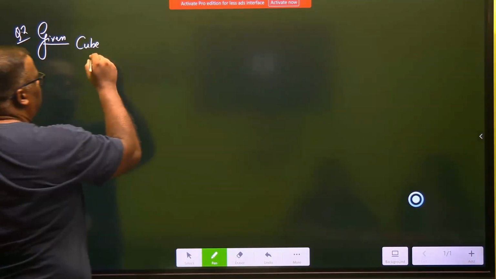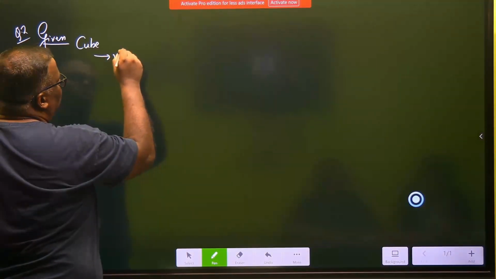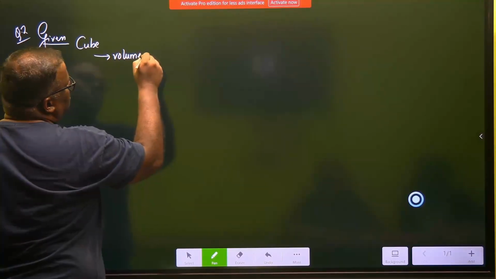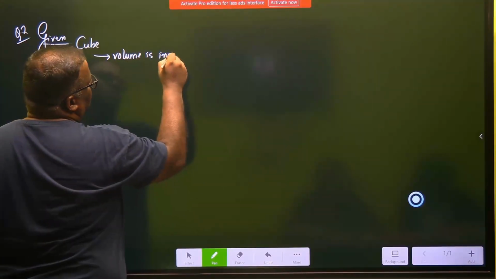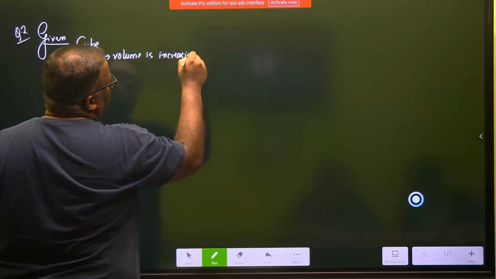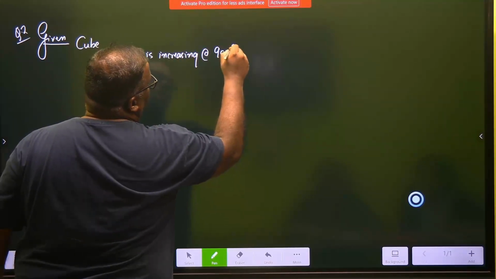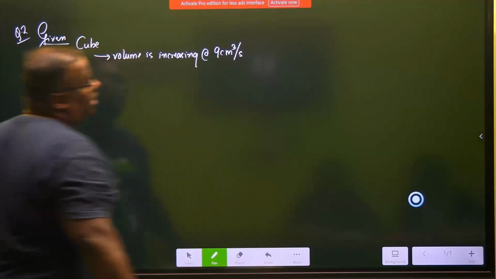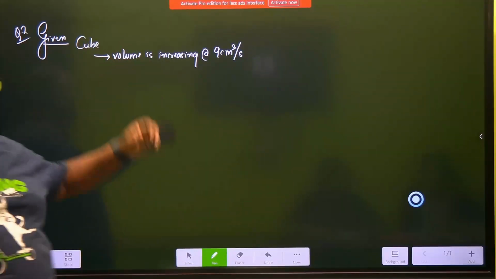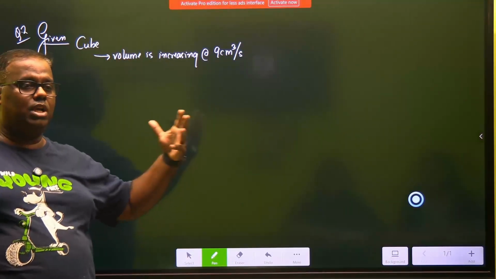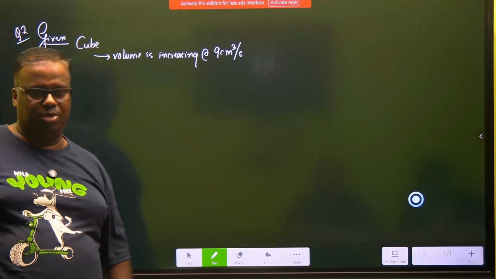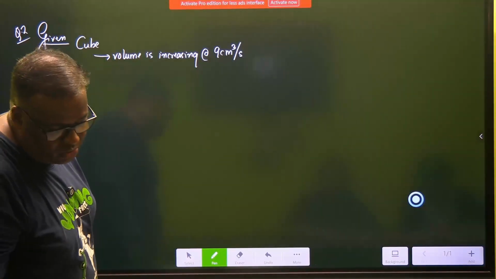They are saying that the volume is increasing at 9 cubic centimeter per second. Imagine this is a cube which you are bloating up. Every second its volume is increasing by 9 cubic centimeter. Fine. What is the next question?